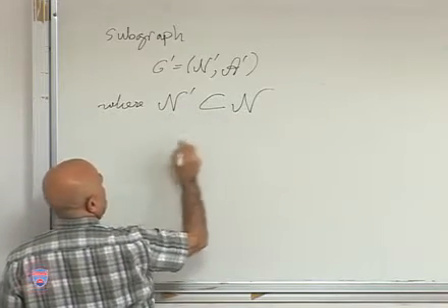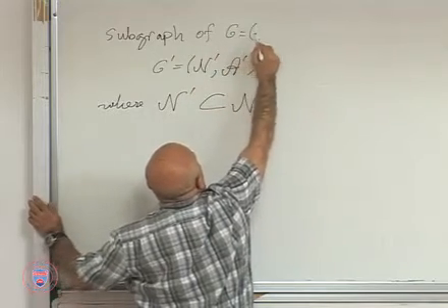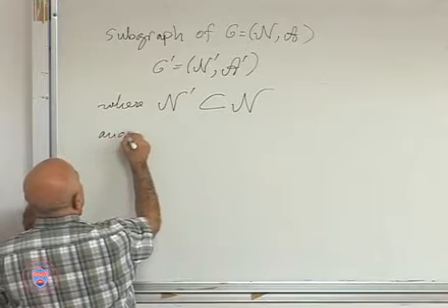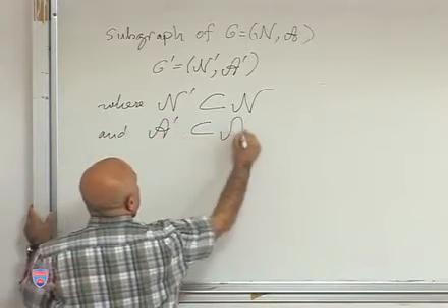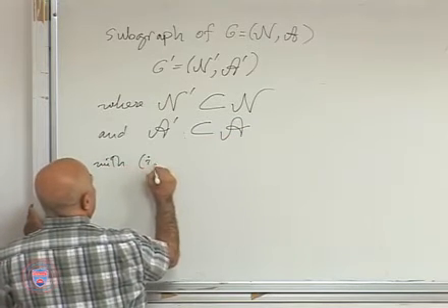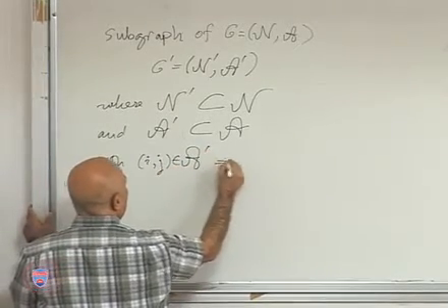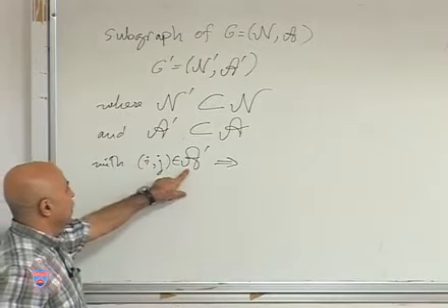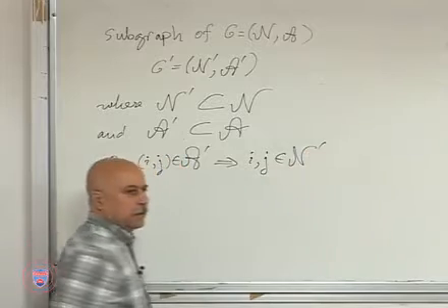So the node set N prime is a subset of N, and A prime is a subset of A, with the additional property that whenever an arc ij is in A prime, then i and j are both in N prime. Okay?